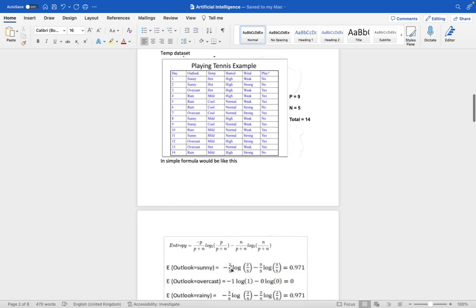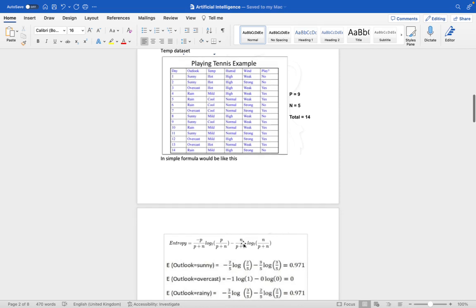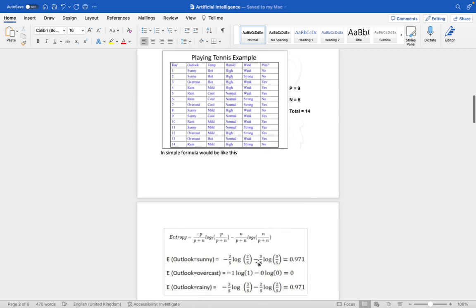So that is minus 2 divided by 5, the total number of sunnies, times log 2 of 2 divided by 5, and then multiplied by minus the number of no's. No means negative, and you can see that we have 1, 2, and 3.